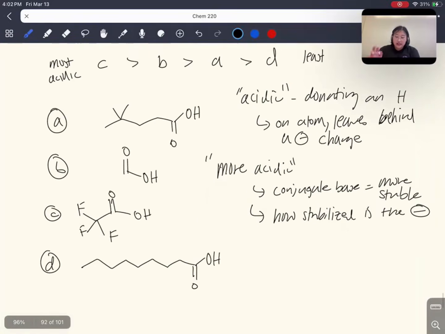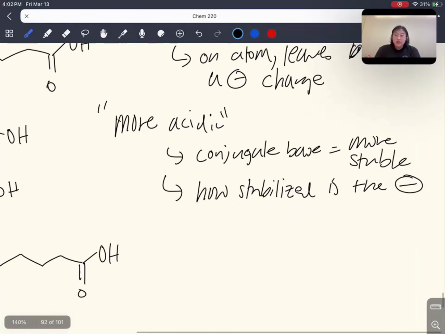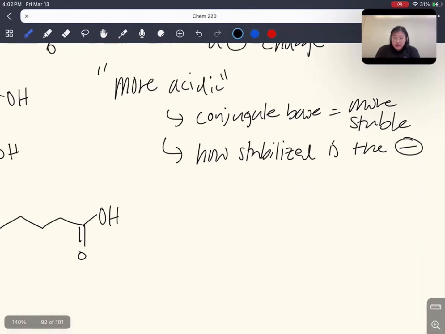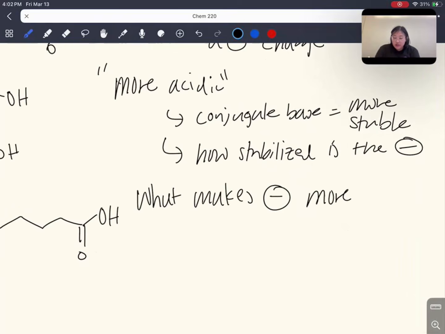Okay. So now the next question is, what makes a minus charge more stable, right? There are many different factors that make a minus charge more stable, aka making a molecule more acidic.